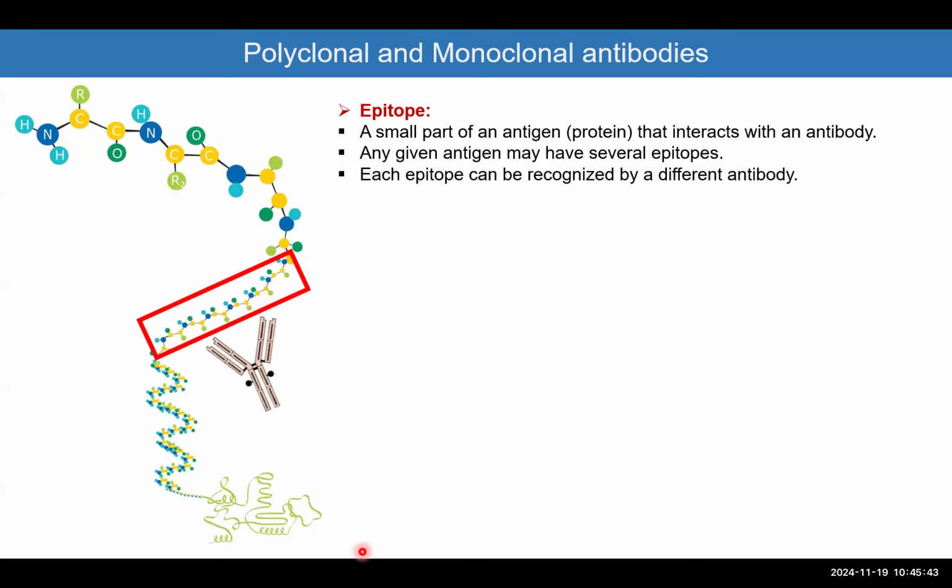So if this is 5 kilodaltons, or 10 kilodaltons, or 20 kilodaltons, which is the measure of molecular weight of a protein, this antibody will detect the whole 20 kilodaltons. Now, if it happens that you degraded the protein when you are isolating it, then you will have this fragment or that fragment.